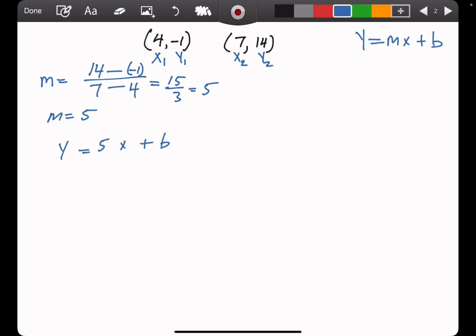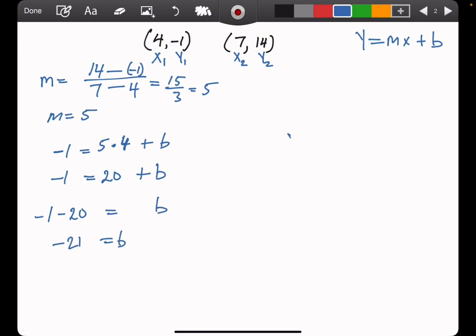Now let's use the first point again, so y is negative 1 and x is 4. So negative 1 equals 5 times 4, which is 20, plus b. How do we get b by itself? Negative 1 minus 20 equals b.